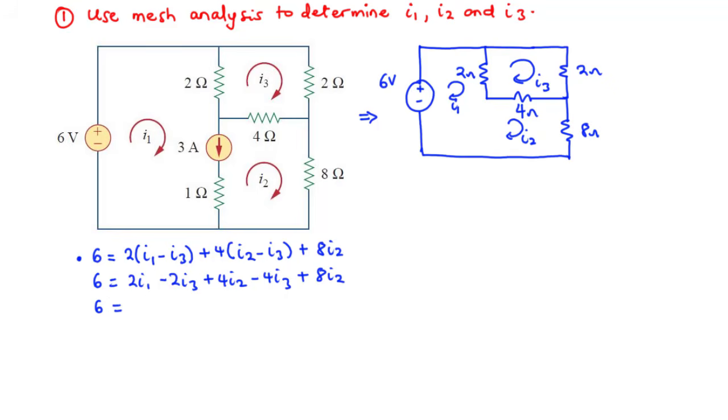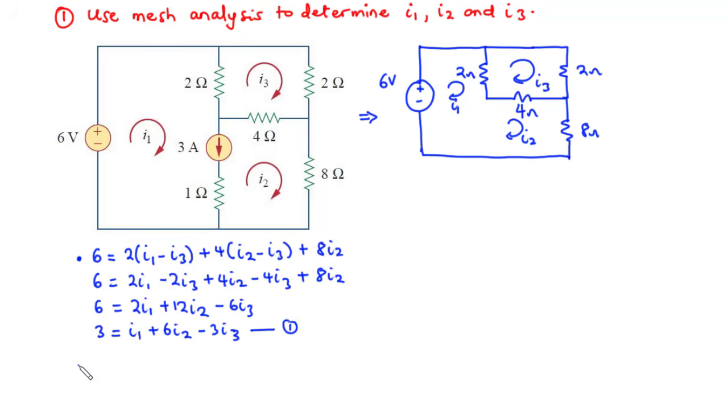So we have 6 equals 2I1, and for the I2s we have 4 plus 8, which is 12, so 12I2, and for the I3s, negative 2, negative 4, so minus 6I3. We can divide through by 2, so we have 3 equals I1 plus 6I2 minus 3I3. So let's call this equation 1.